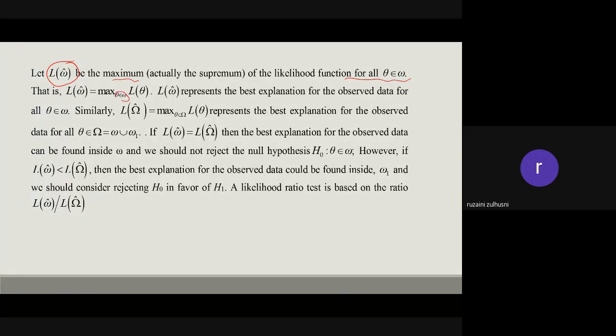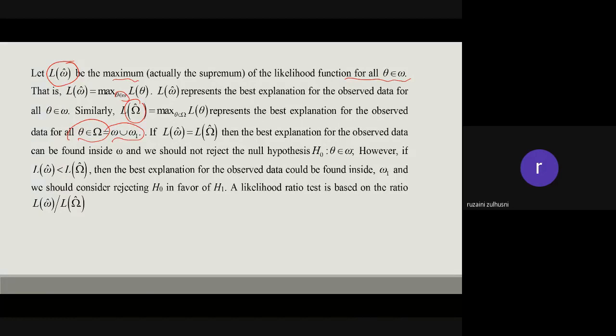So L omega hat represents the best explanation for all the observed data for all theta belonging to omega. Then we write down L large omega hat, the capital one. So we have the maximum of L for theta belonging to large omega, which is small omega union with the alternative omega.